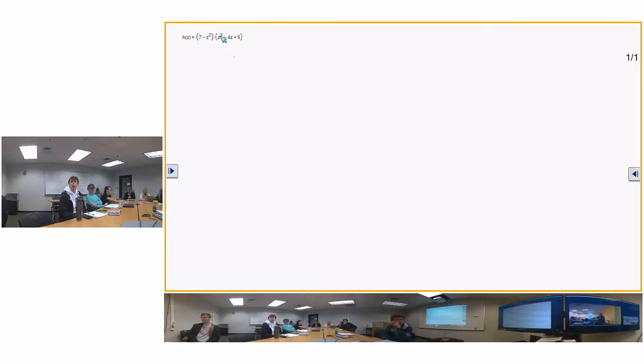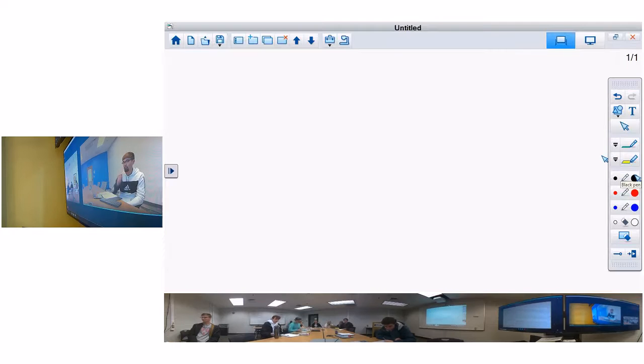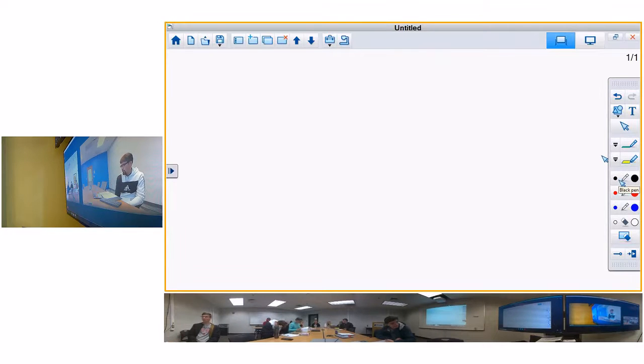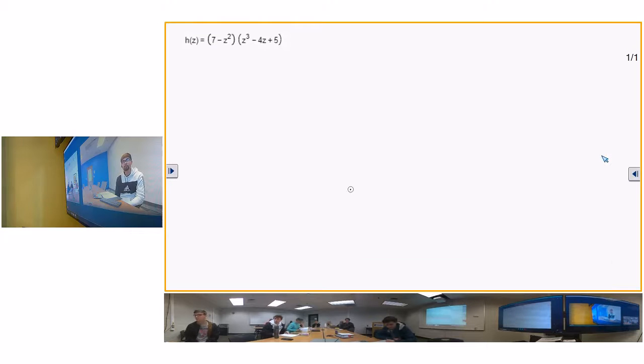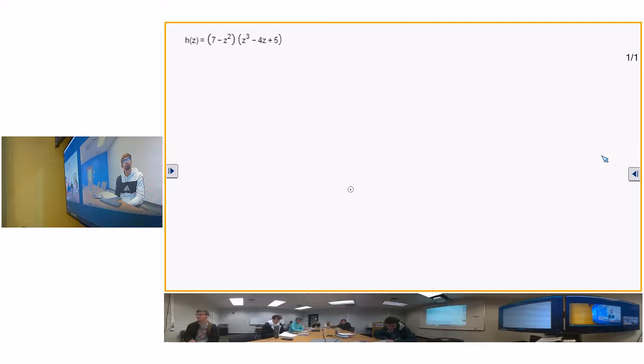There we go. And that, of course, will be by the product rule. So, let's get to it. You could just quit before you even start. Besides, y'all don't need college anyway.